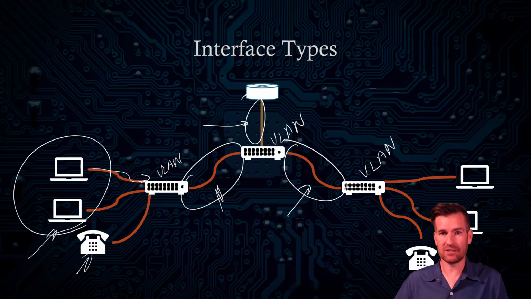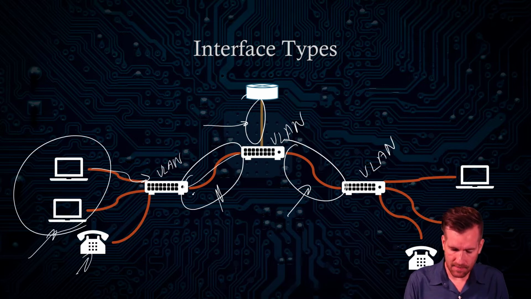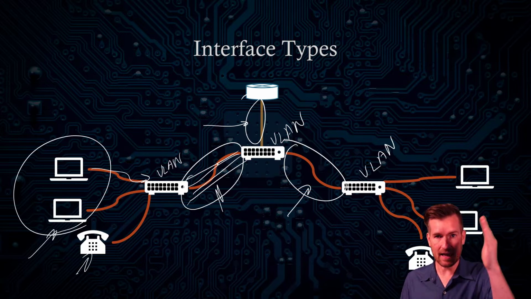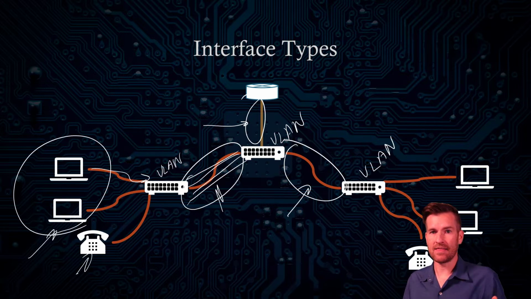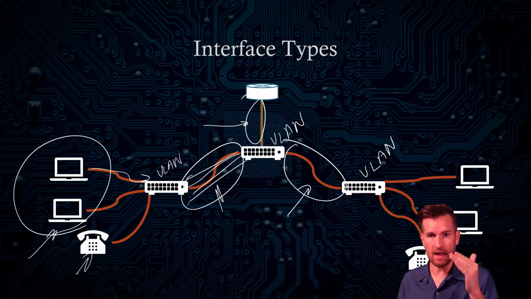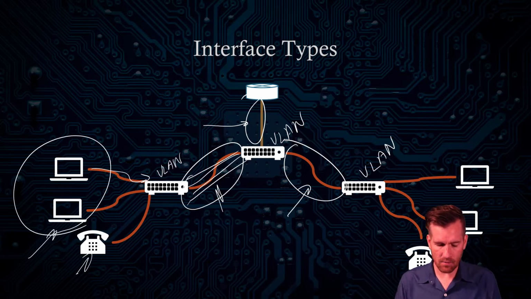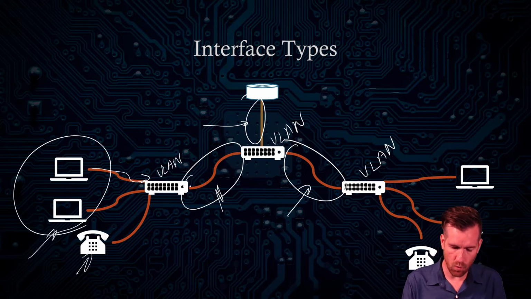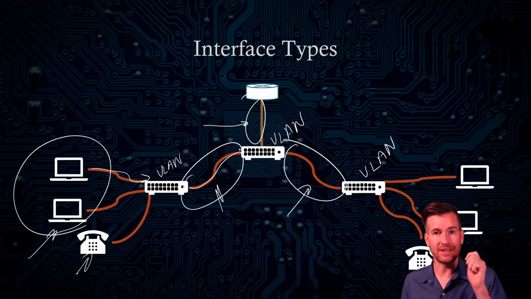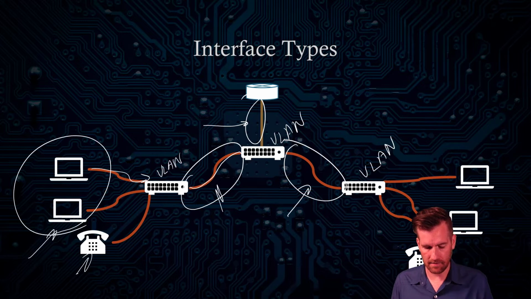Otherwise, you would have to have multiple lines of traffic, one for each of those VLANs. Instead, we can go across one line and tag that traffic. We'll talk much more in depth about trunking in a later video.